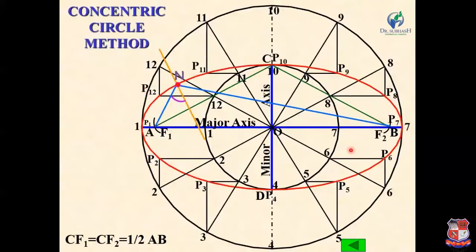Okay. Now, bisect this angle F1 N F2. So, this bisector is the normal of the ellipse, and a perpendicular line to the normal is known as the tangent. Okay. This is the tangent.